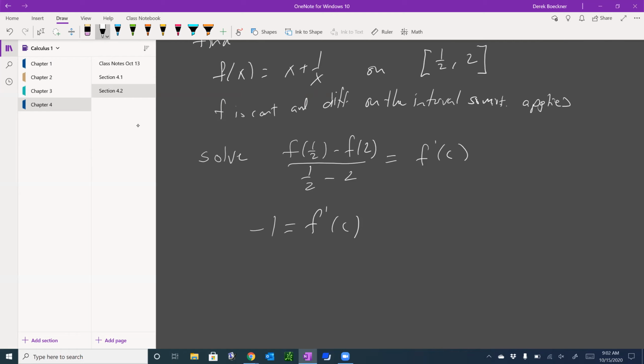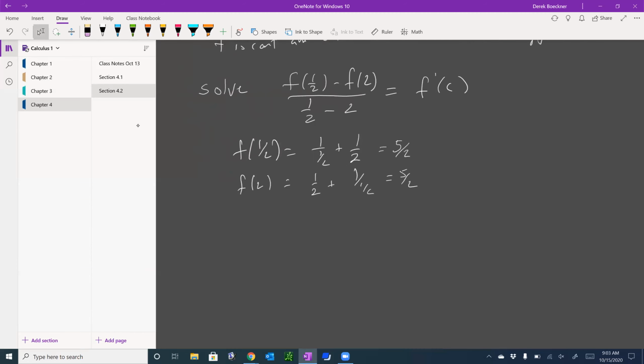No, that's not true. Sorry. I want 0. Hang on. F of 1/2 equals 1 over 1/2 plus 1 over 2. And f of 2 equals 1 over 2 plus 1 over 1/2. And so these things are equal. This is 5/2, 5/2. So I want 0 equals f prime at c. We good with that?